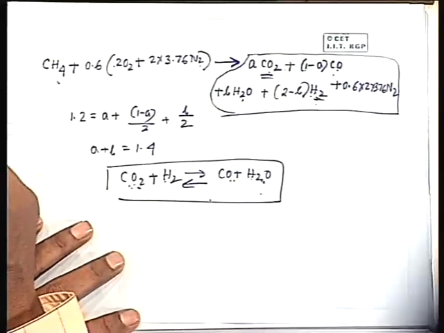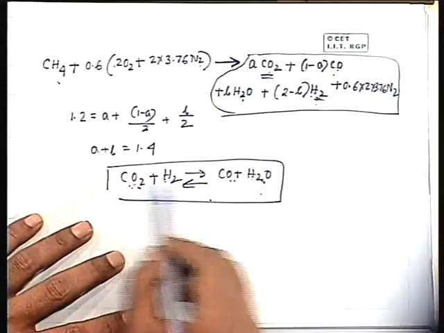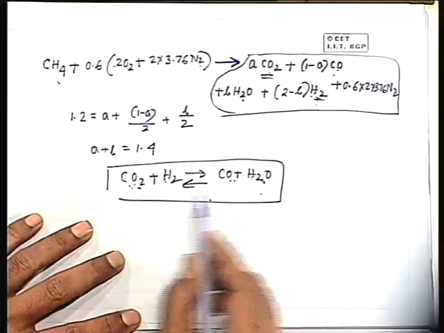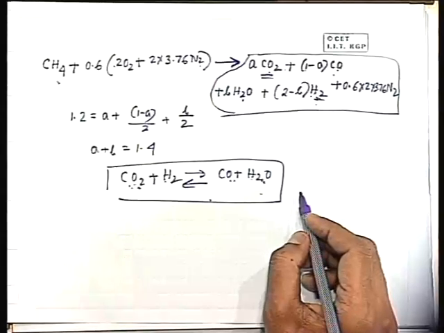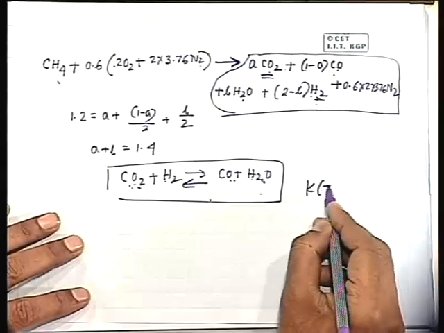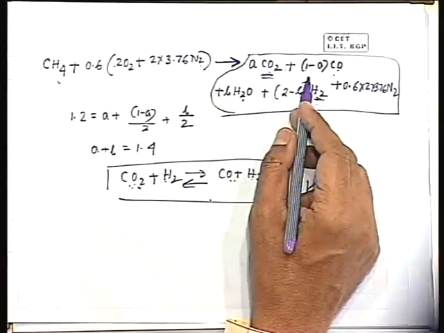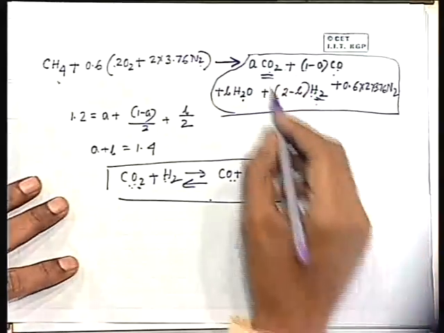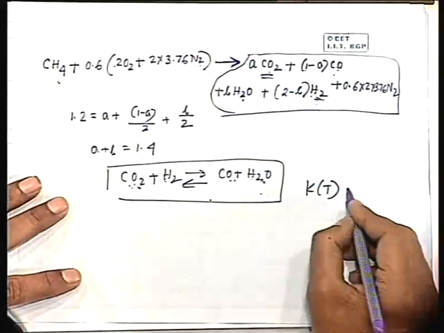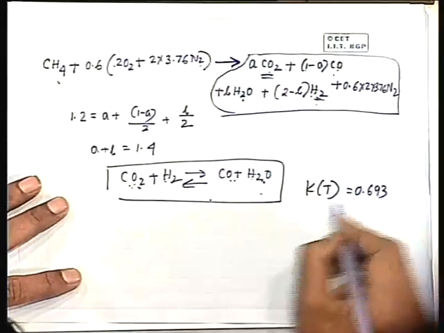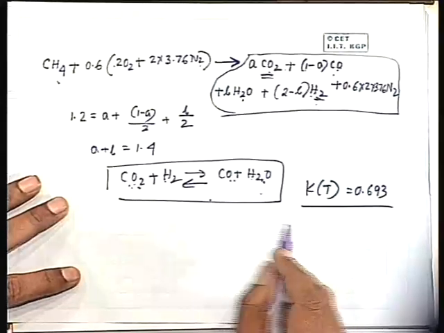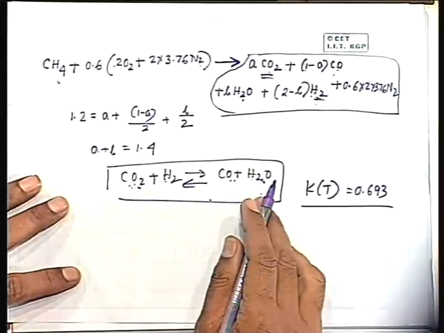That's why at the beginning of the problem it is told that the equilibrium constant KT at that temperature of 1000 K is 0.693. Initially it is difficult for you to appreciate why these reactions come into consideration.